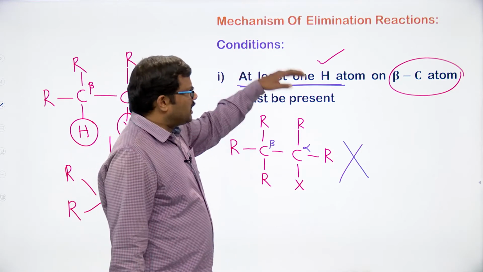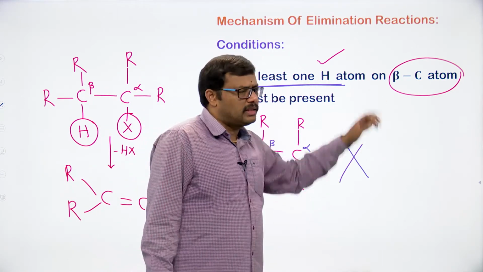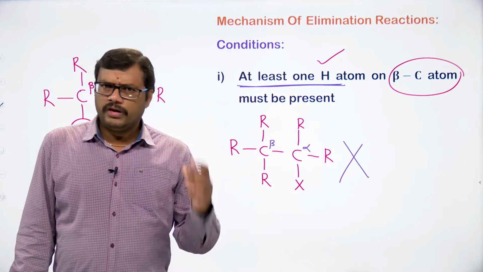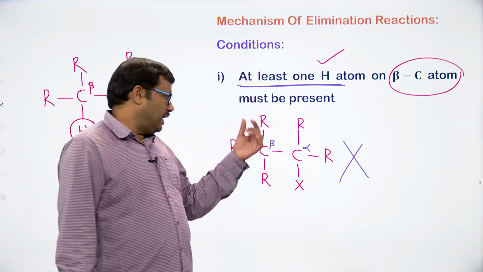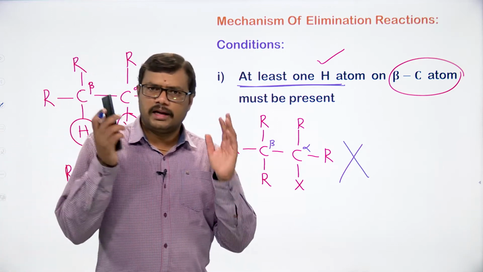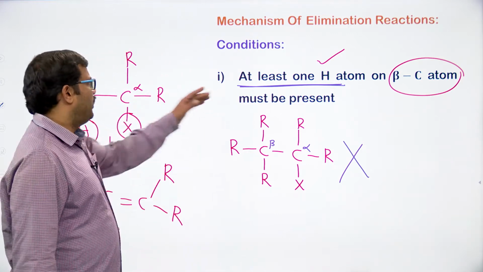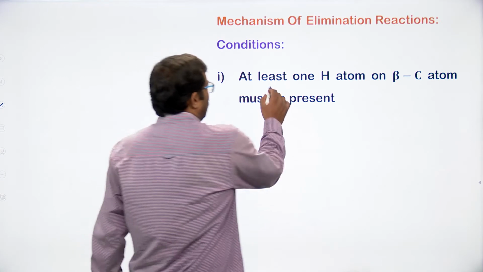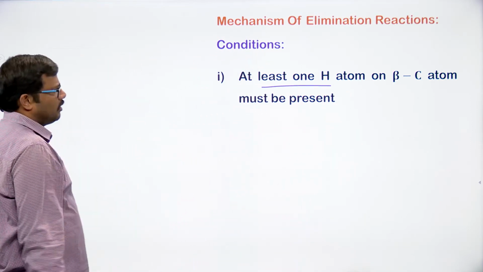For an elimination reaction to take place, at least one hydrogen atom should be present on the beta carbon atom. If there is no hydrogen atom on the beta carbon atom, the reaction won't take place. So, elimination reaction won't occur when we don't have a beta hydrogen atom.